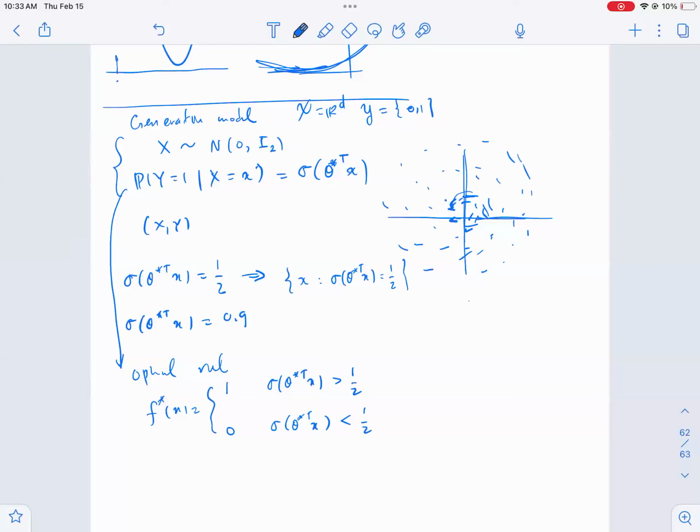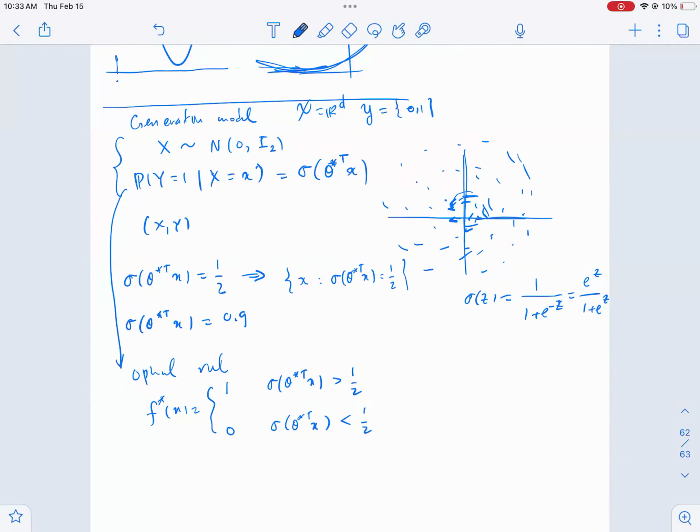Sigma of z is 1 over 1 plus e to the negative z, or e to the z over 1 plus e to the z.